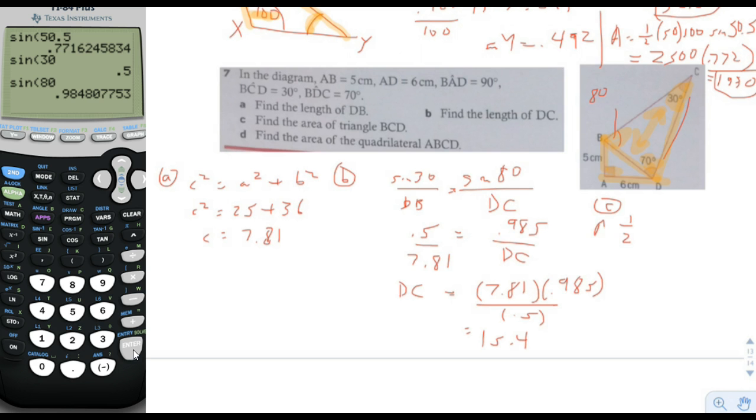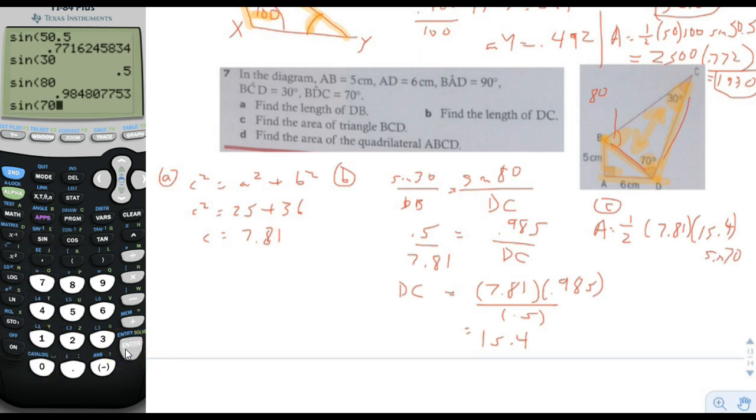So the area would be 1/2 times the two sides we know, which is BD, I'm sorry, DB or BD, whatever, 7.81. And then the new side that we figured out is 15.4. And then the included angle is 70, sine of 70. Okay, so we can do that.